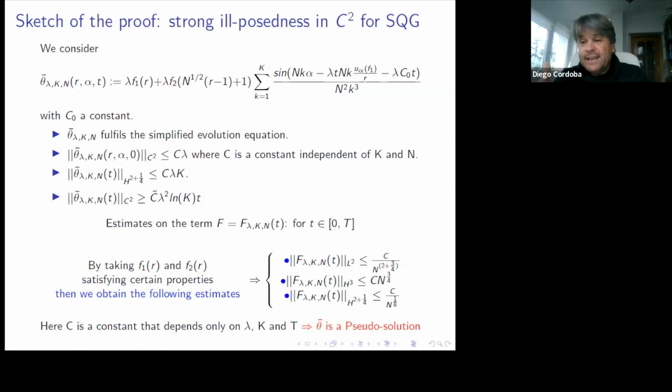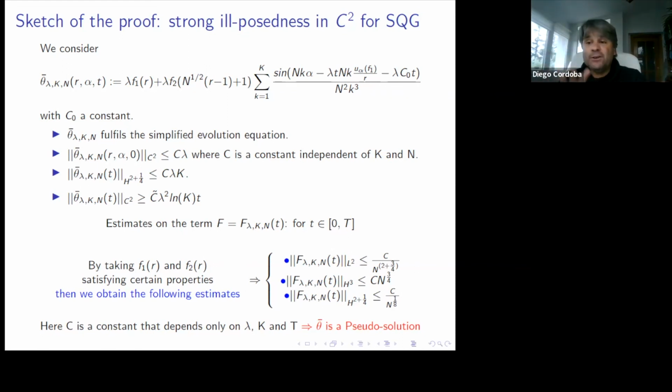We plug this in the SQG equation and we have the source term, capital F. And the role of capital N is to make our capital F as small as we want. In order to do that, we have to pick how F1 and F2 have to look like.